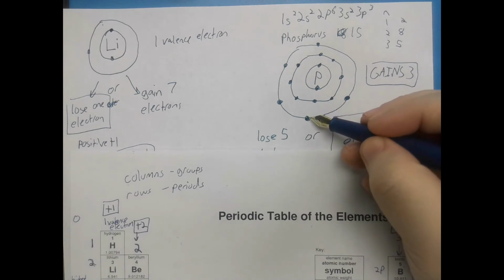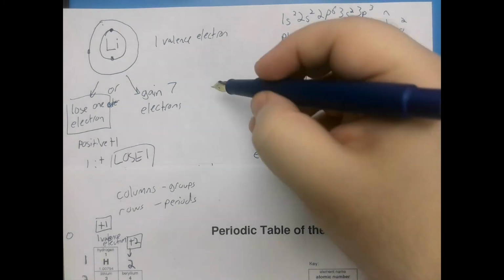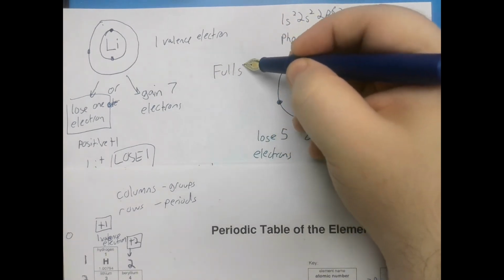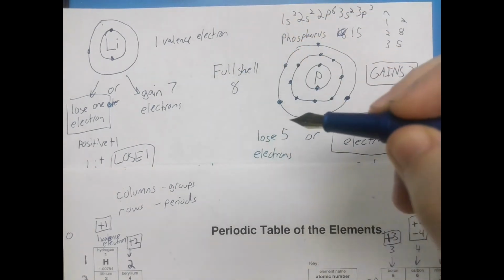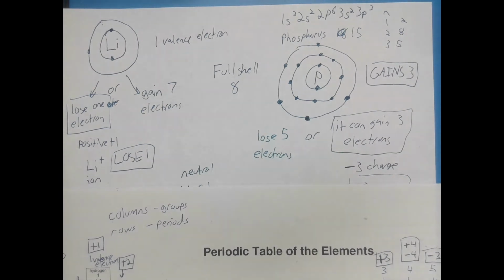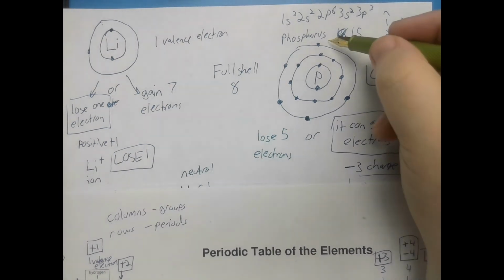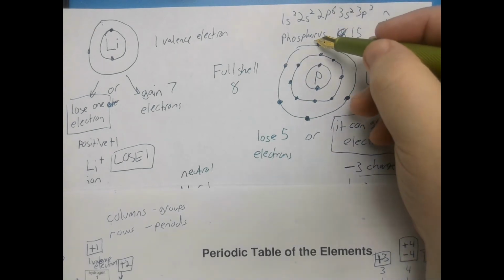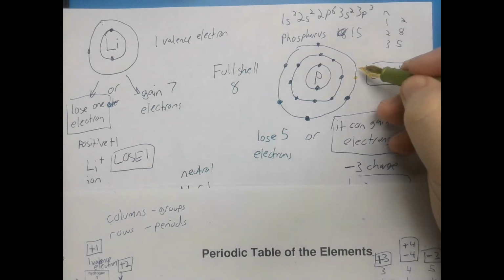So it tries to get a full shell. A full shell is 8. So look at the outer shell. The outer shell has 5 on it.